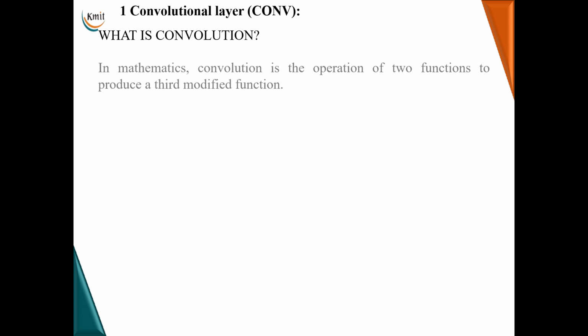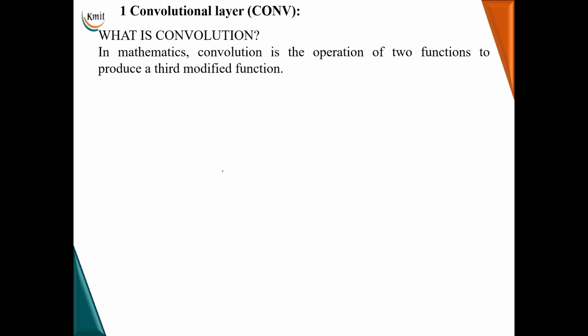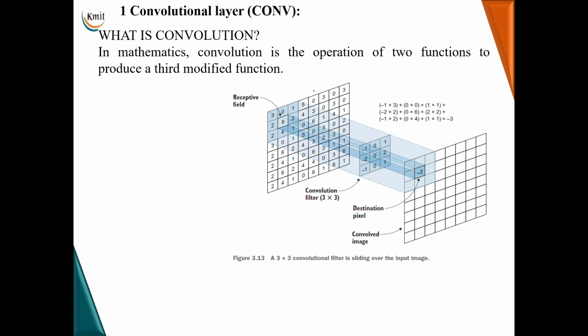So let us talk about the first layer of the CNN architecture, the convolutional layer, which is the core building block of convolutional neural networks. So what does convolution mean? In mathematics, convolution is the operation of two functions to produce a third modified function. In the context of CNN, the first function is the image, and the second function in this definition is the convolutional filter, also called the kernel.